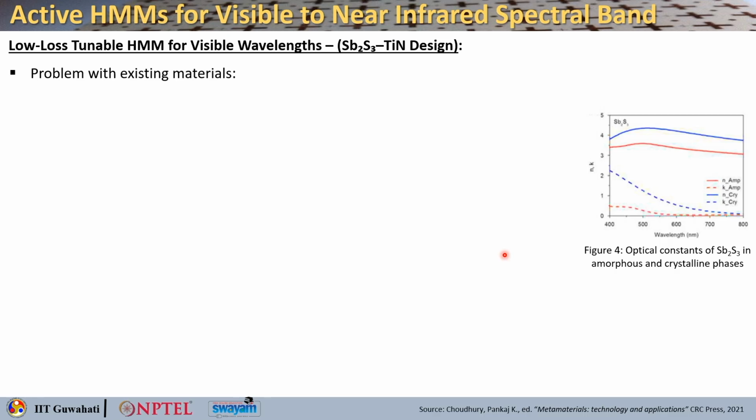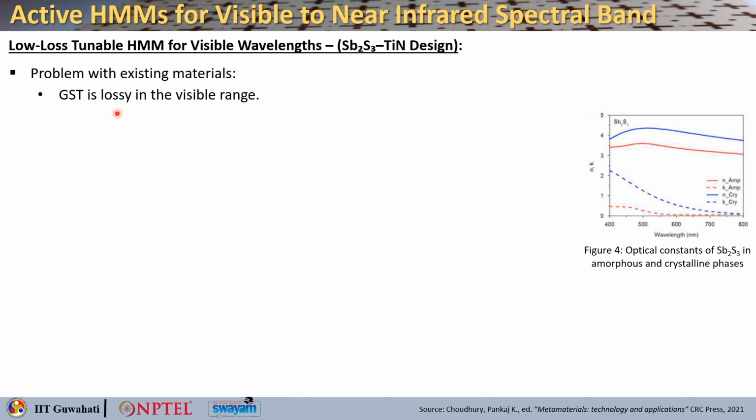Now, we will also see a low loss tunable hyperbolic metamaterial design for visible wavelength, but this time we will be using another material, which is antimony trisulfide, Sb2S3, with titanium nitride. Why do we have to go for this? Because we have understood that there are some problems with the existing materials.